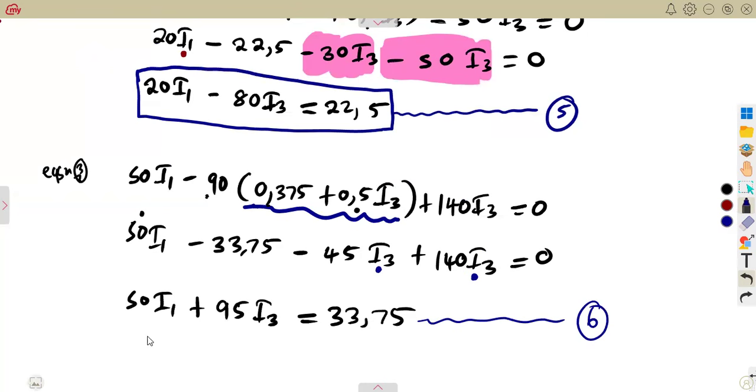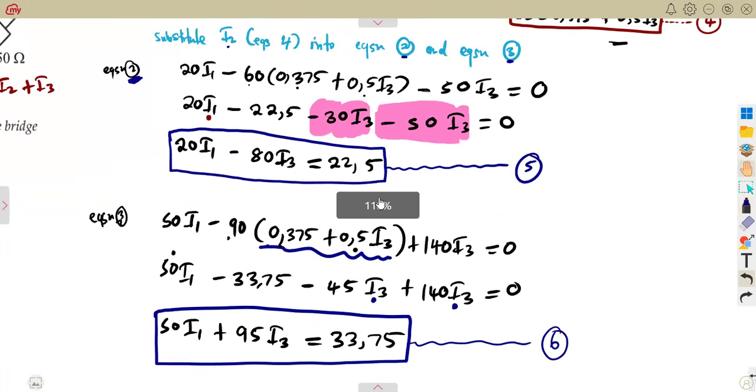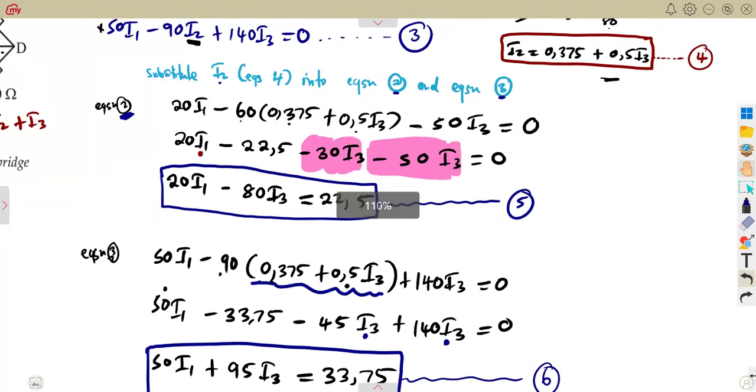This is done by substituting equation 4 into equation 3, which is the same thing that we did here by substituting that same equation 4, which is our I2, into equation 2 and 3.